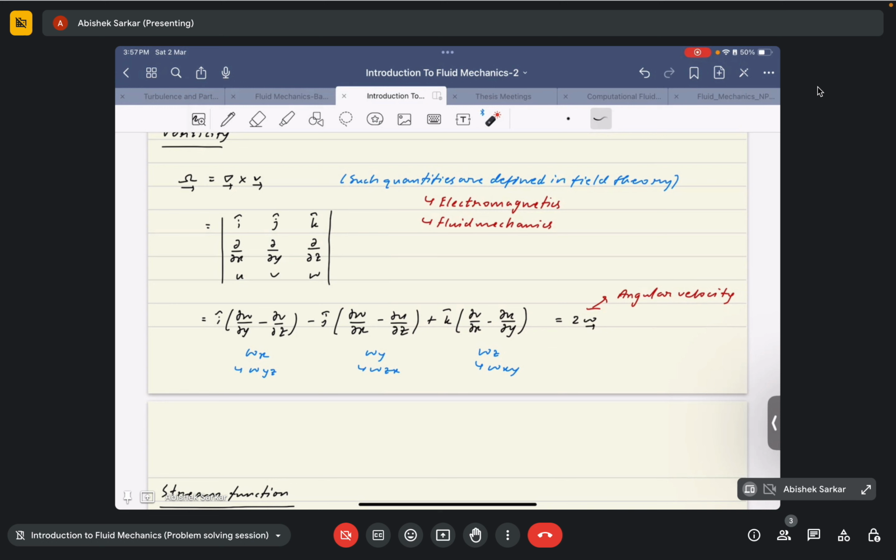Because the angular velocity is actually half of the vorticity. If you forget this factor of 2, you may get a wrong answer. So it's important to recall the formulas, and specifically we'll see how we deal with these formulas to solve problems in today's problem solving session.